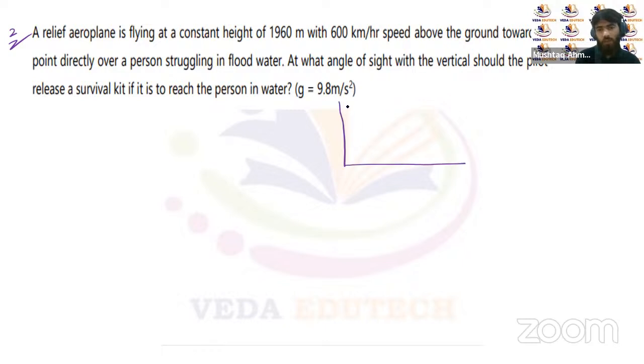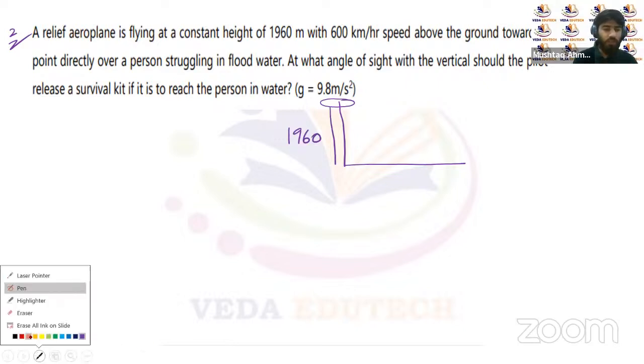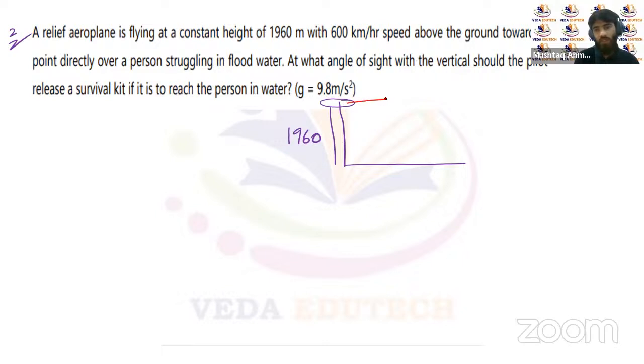This is the plane, and this plane is at a height of 1960 meters from the ground. It is moving with a speed of 600 kilometers per hour above the ground towards a point directly over a person.